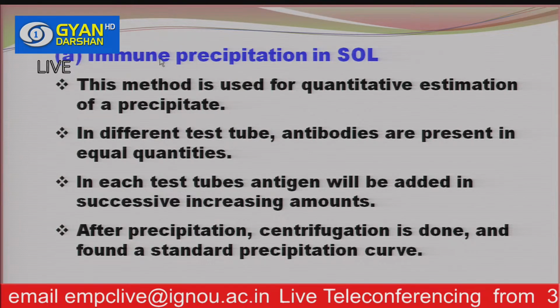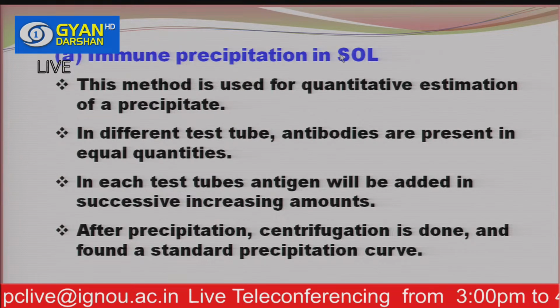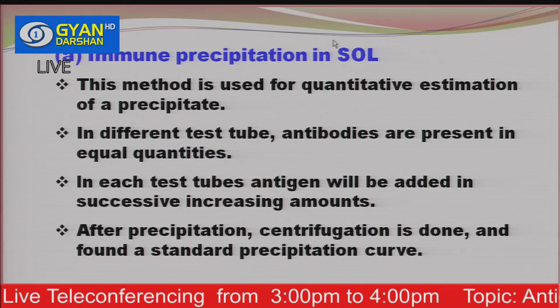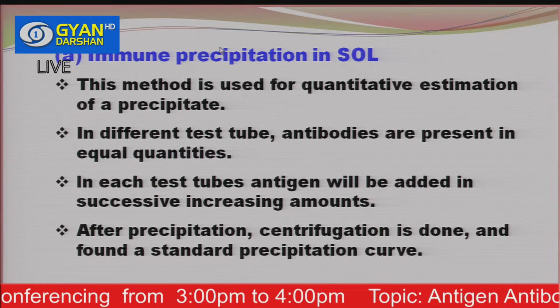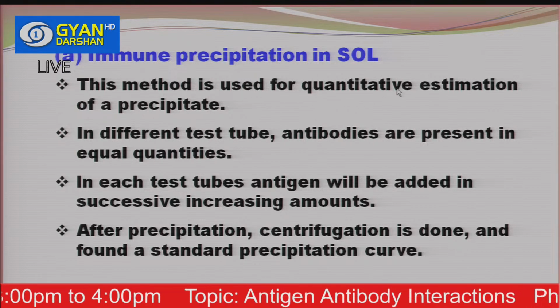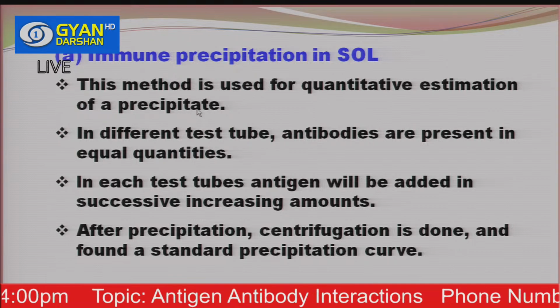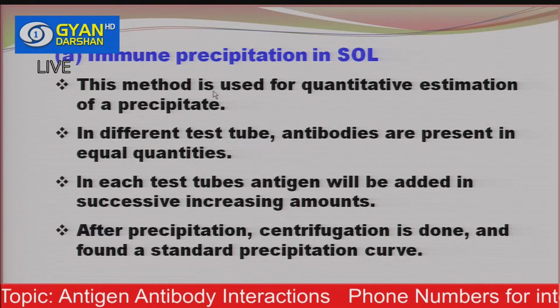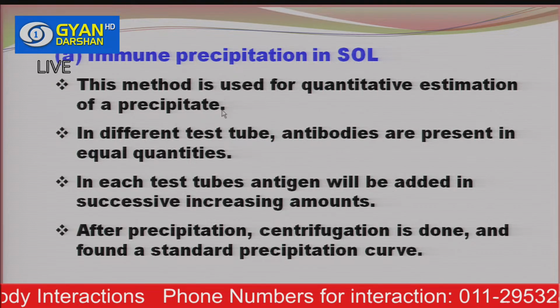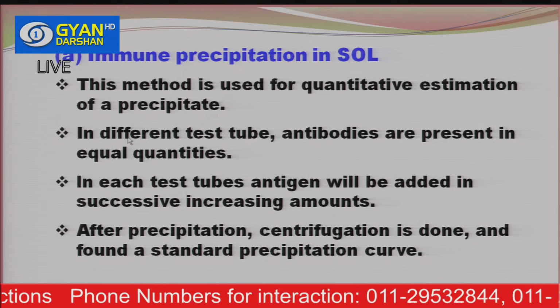Another thing I want to discuss is immunoprecipitation in the sol, basically colloidal solutions of precipitates. This method is used for quantitative estimation of the precipitate. So we can utilize it for the quantitative detection of the sol.